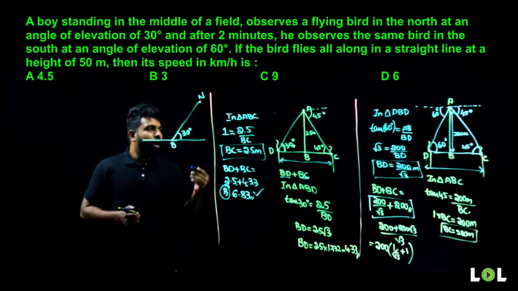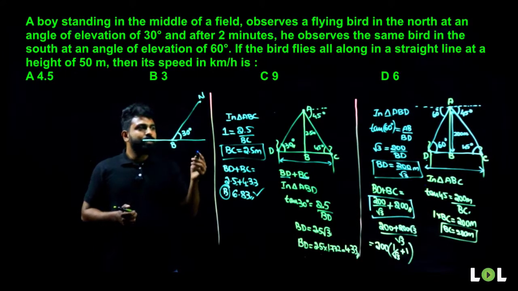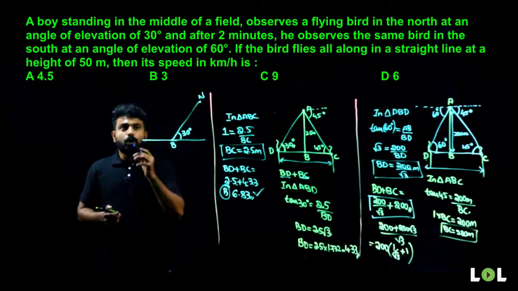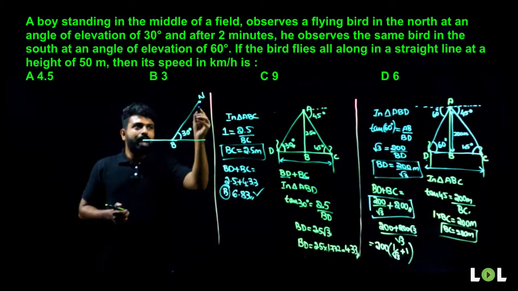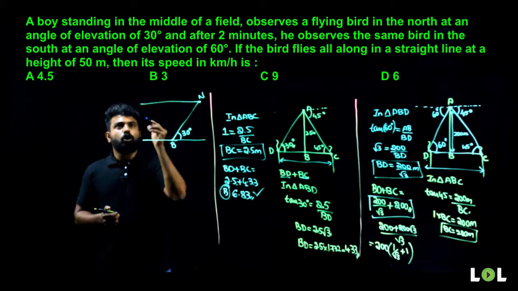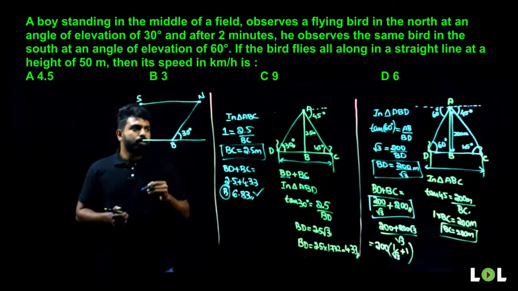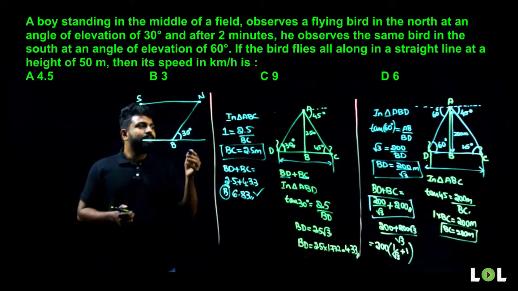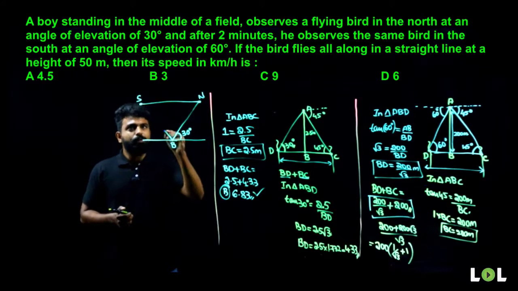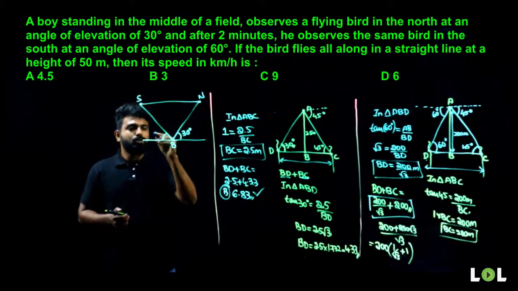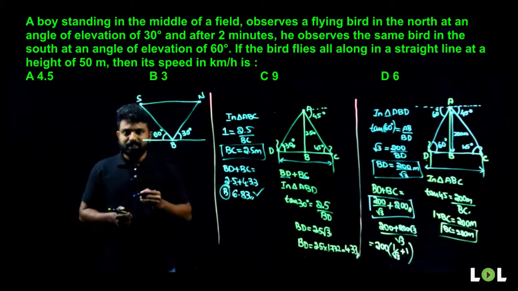And then after 2 minutes, he observes that the same bird is in the south. If this is north, I'll take the exact opposite as south here. So this will be my south. He's observing the same bird at an angle of elevation of 60 degrees. So this will be 60 degrees here.